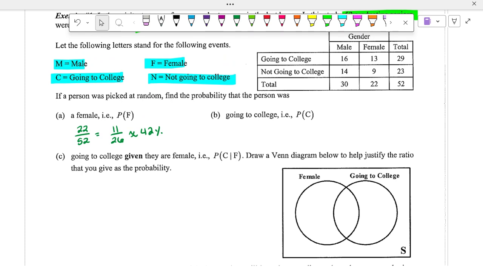All right, Claire, what's the probability of a student going to college? 29 out of 52. So that shouldn't simplify because 29 is prime. So it's about 56%.